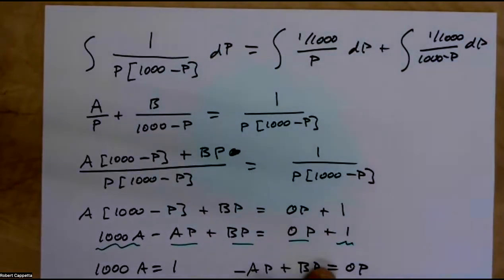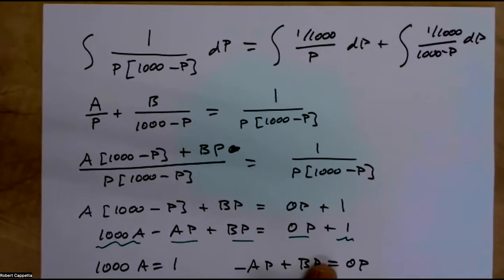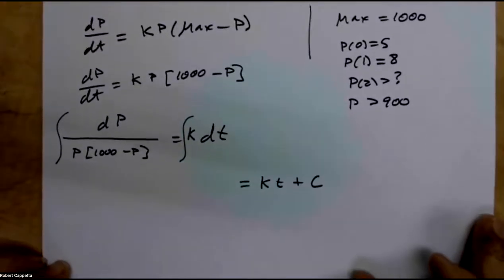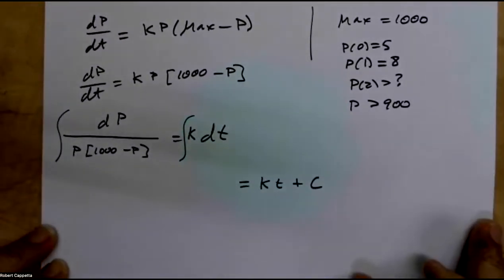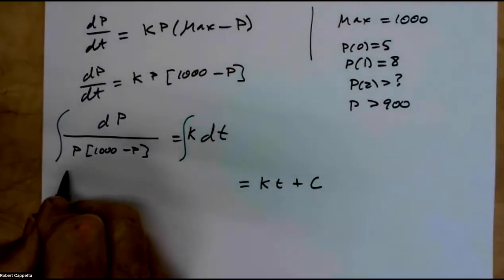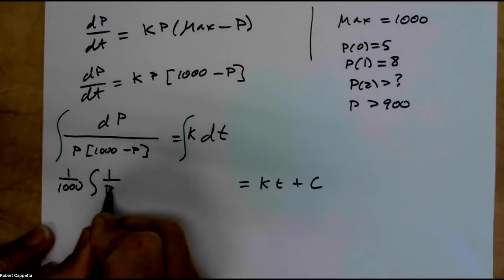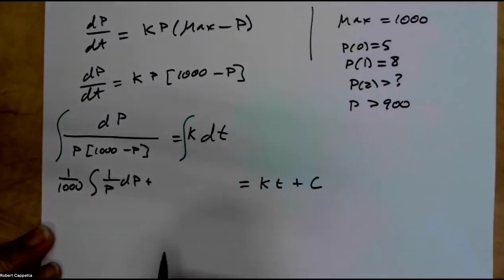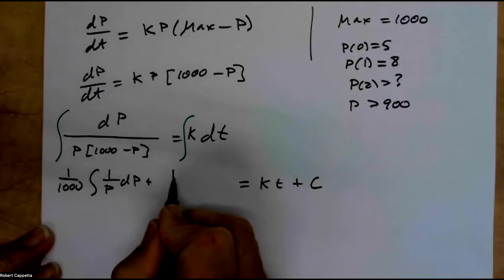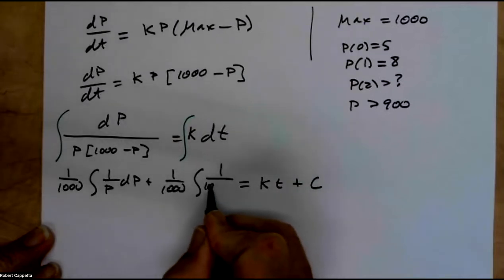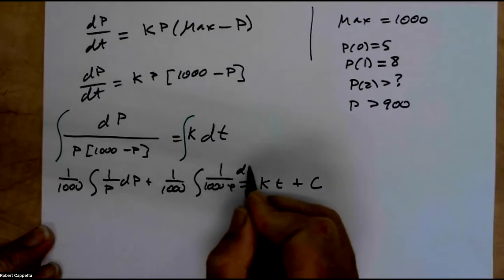So that is our partial fraction approach to this. So you can go back to our first page and recognize that. I'm going to rewrite this as 1 over 1,000 times the integral of 1 over P dP plus another 1 over 1,000 times the integral of 1 over (1,000 minus P) dP.